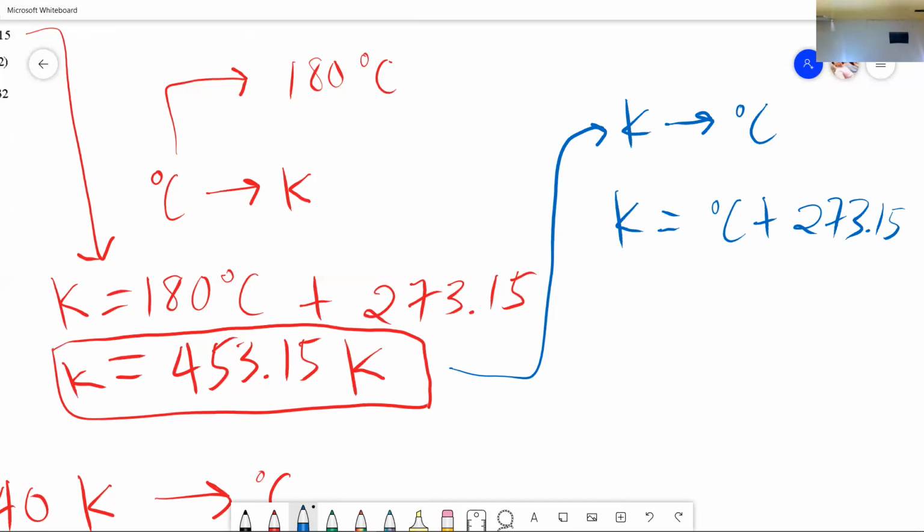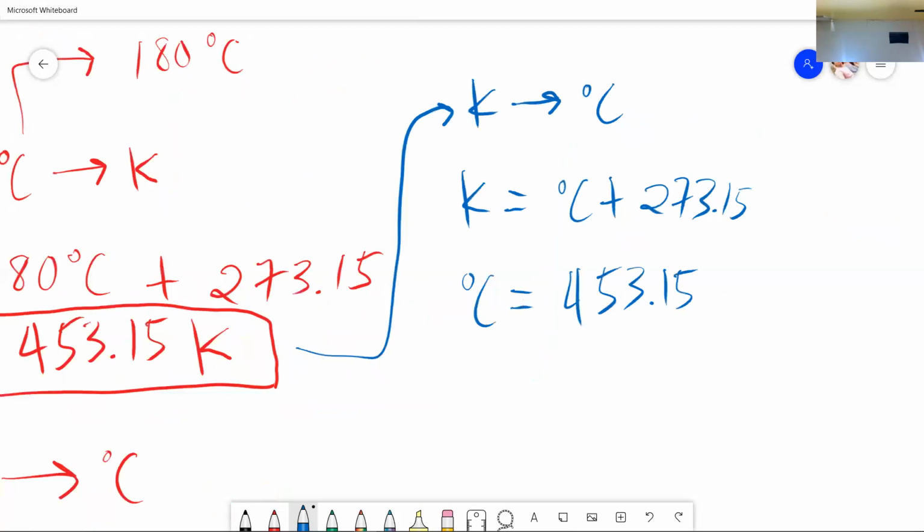So let's convert Kelvin to degrees Celsius. Degrees Celsius equals the amount of Kelvin we have, 453.15 Kelvin.